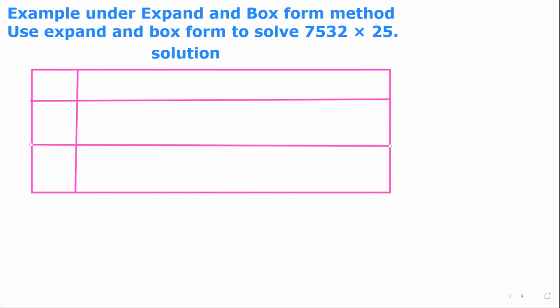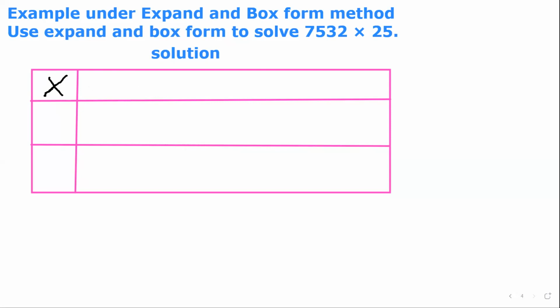So the first number here, you write your multiplication sign here. This is the expand and box method. Okay, you write your multiplication sign here. That will be the multiplication sign, which means that the row and the column will be used to multiply each other.